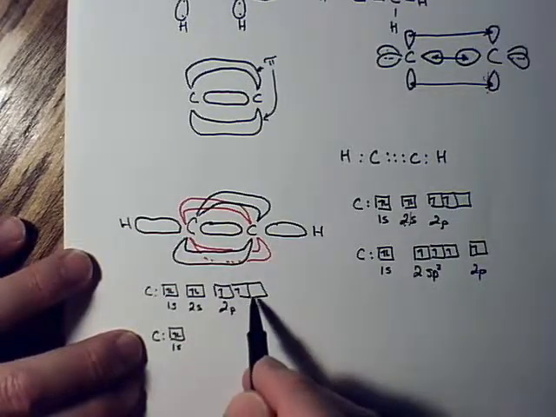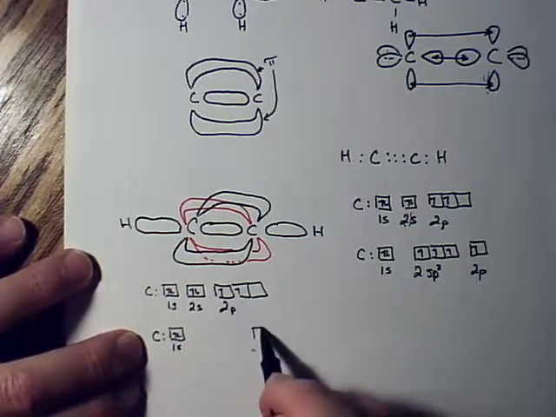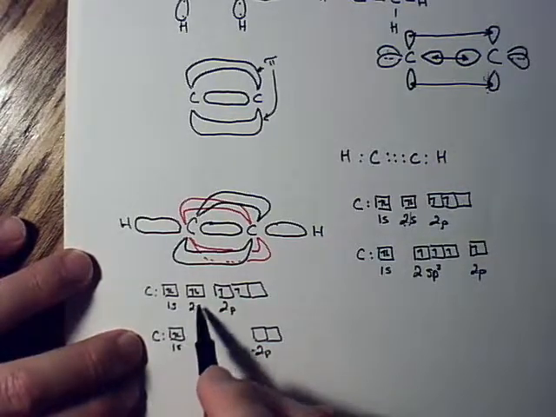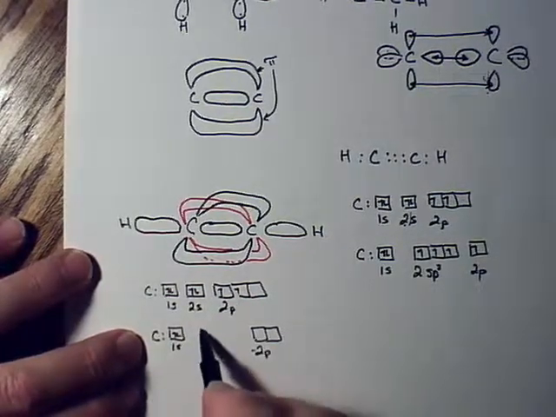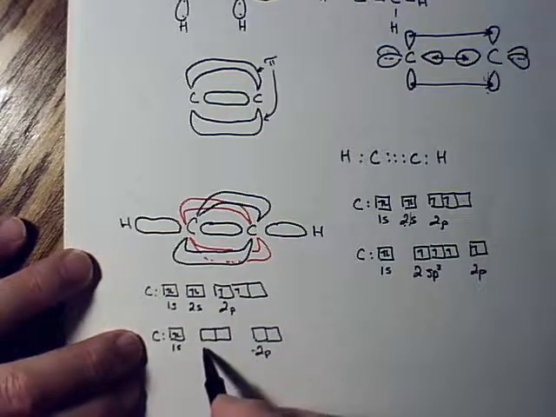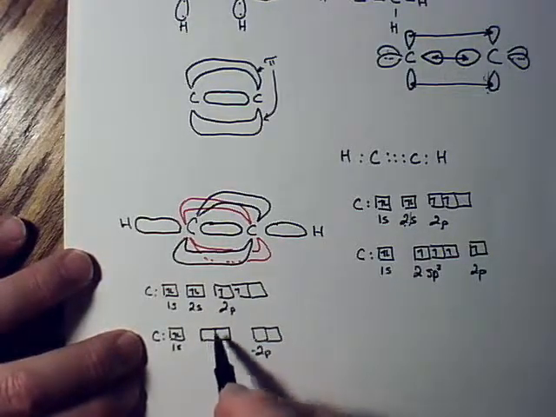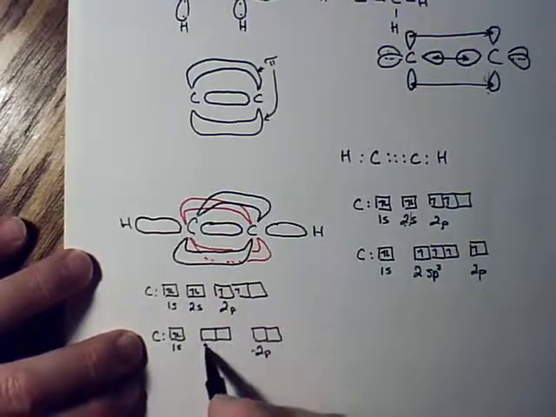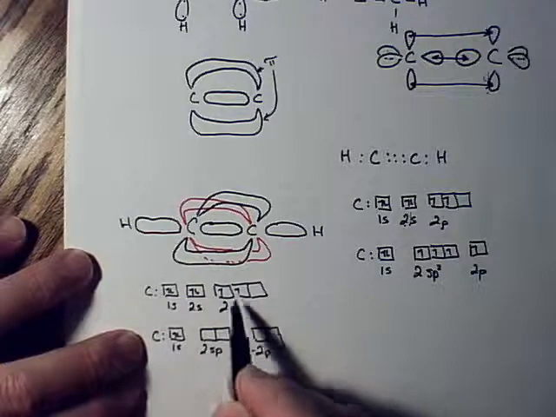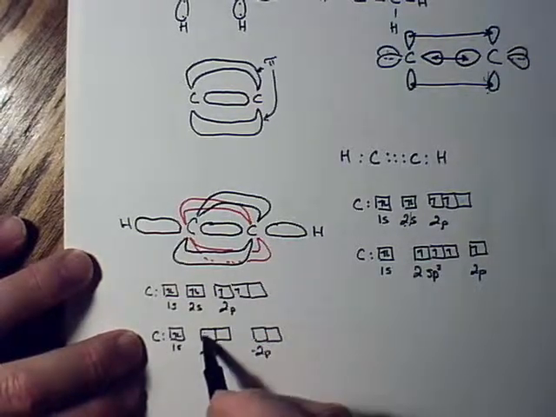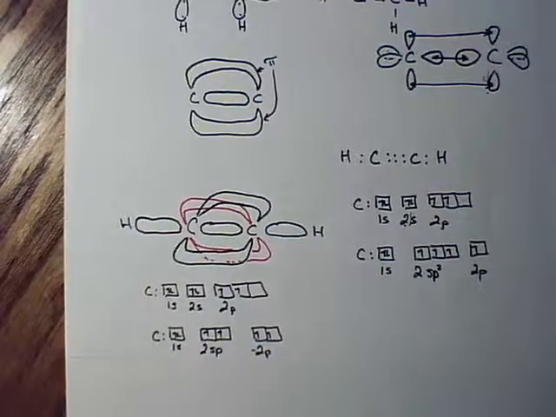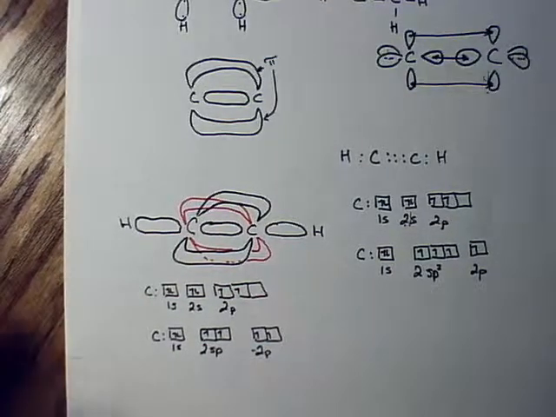I've got to leave the 2 p orbitals on the end alone. I'm going to put them out here like this. So these are 2 p orbitals. And this s and that p gets hybridized. They get stuck together, formed into the same energy and shape orbital. And so this is sp because I have an s and a p making it up. 2sp. And then I go back and count all the electrons in the valence level and put them in one at a time in all these orbitals. 1, 2, 3, 4.